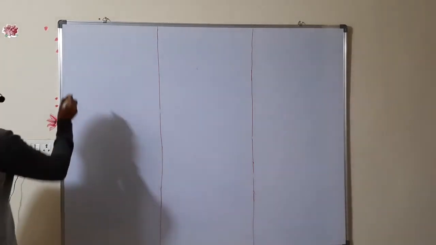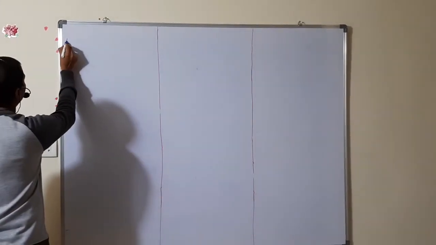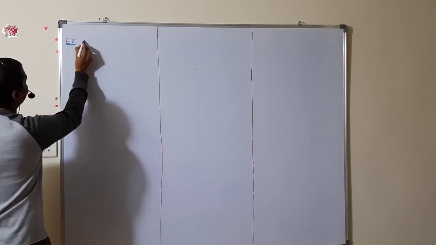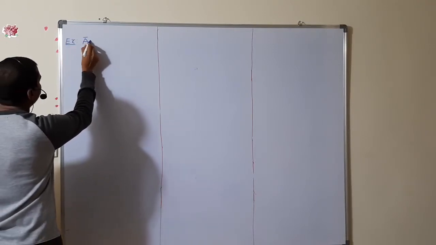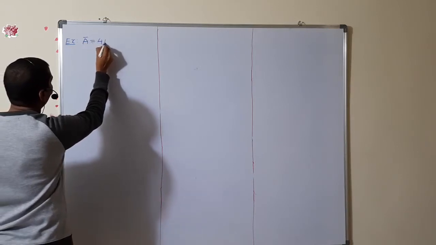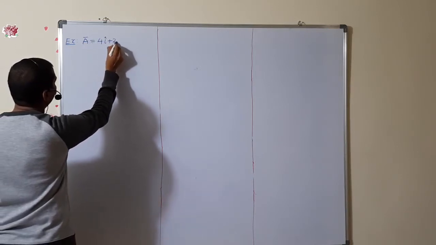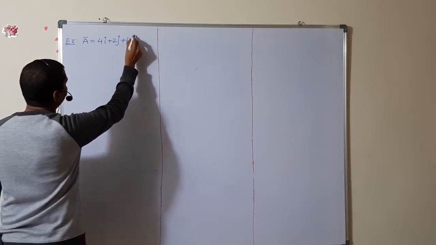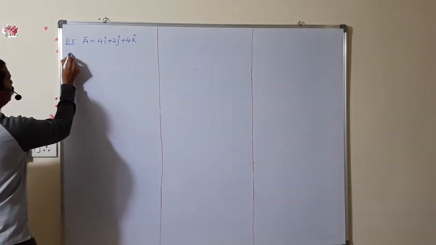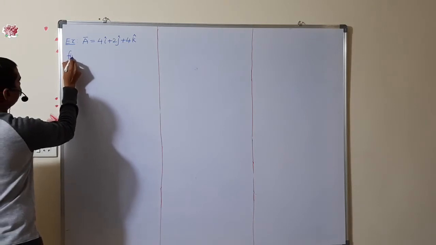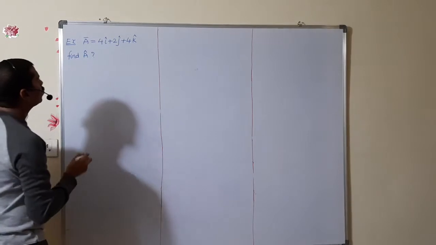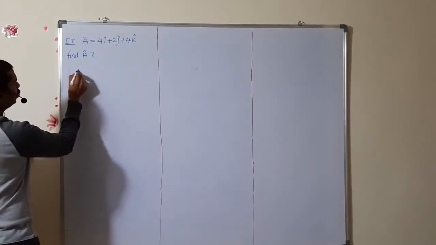Now we will solve one more sum. Here A vector is equal to 4i cap plus 2j cap plus 4k cap. Again find A cap. How can we?